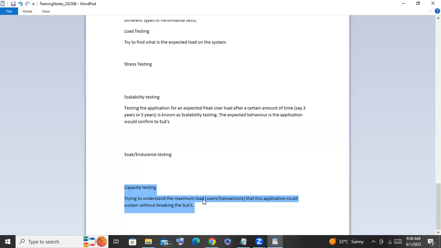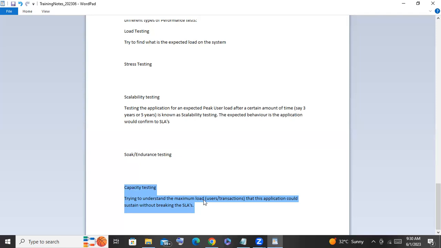And they would also keep track of whether this user load is an actual user load or if somebody is trying to hack the application. All that is part of security testing, including whether there is a denial of service attack.